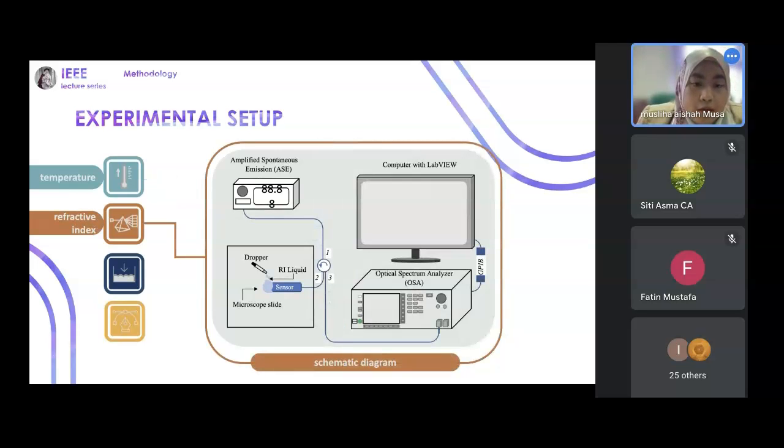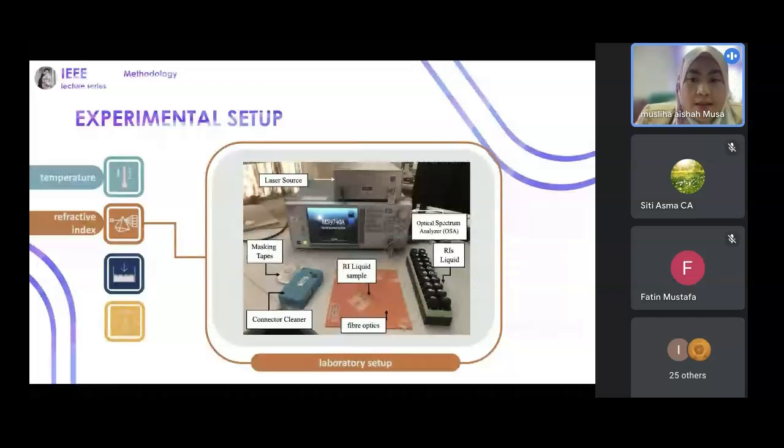For the refractive index, it is also the same. Just I use RI liquid to vary the RI index. Okay, this is the laboratory setup. The setup is all in the Faculty of Engineering, UTM.